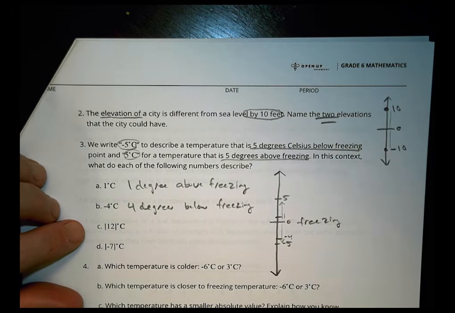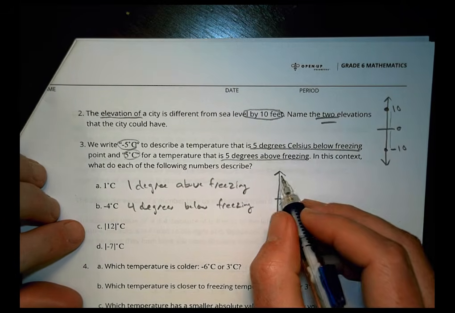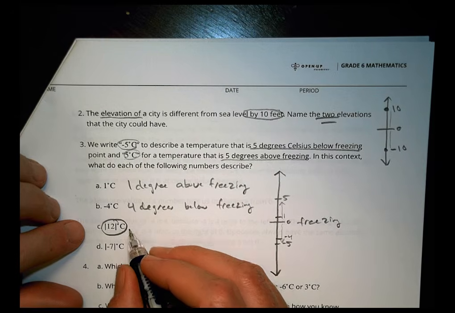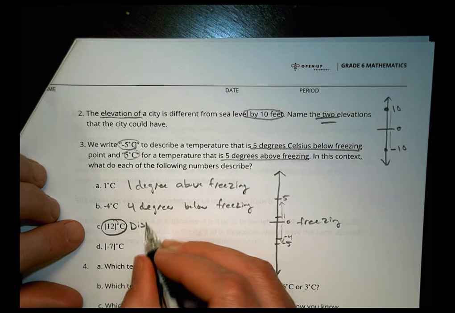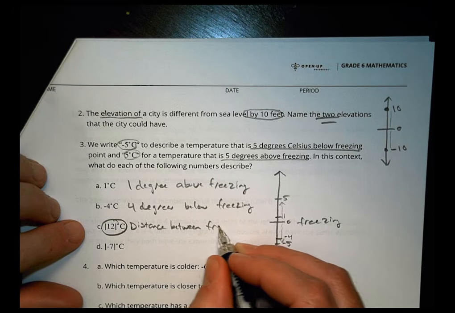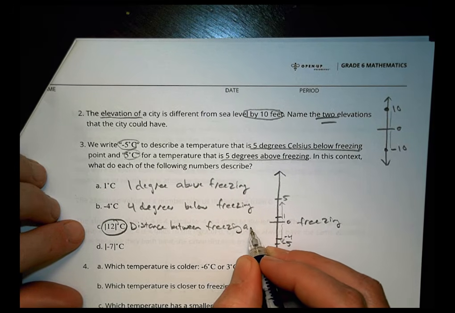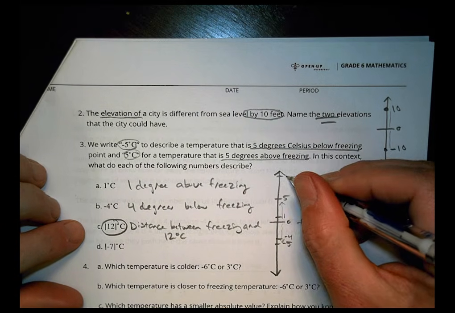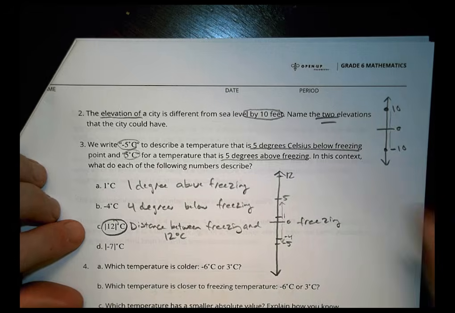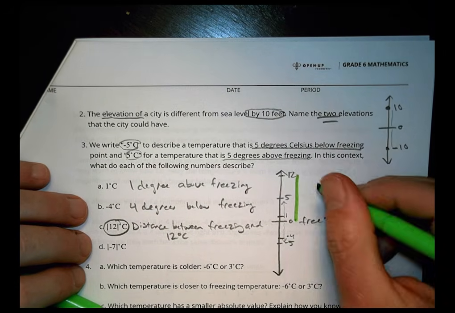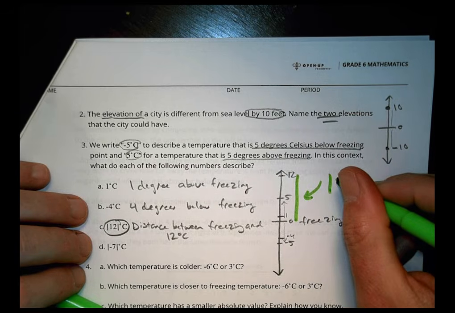Now when we get to the absolute value ones, now we have a 12. Absolute value of 12. So notice it's the absolute value of 12 degrees Celsius. Okay? So this is going to be the distance between freezing and 12 degrees Celsius. So here's 12 degrees Celsius, and so what we are saying is the distance from here to here is the absolute value of 12.